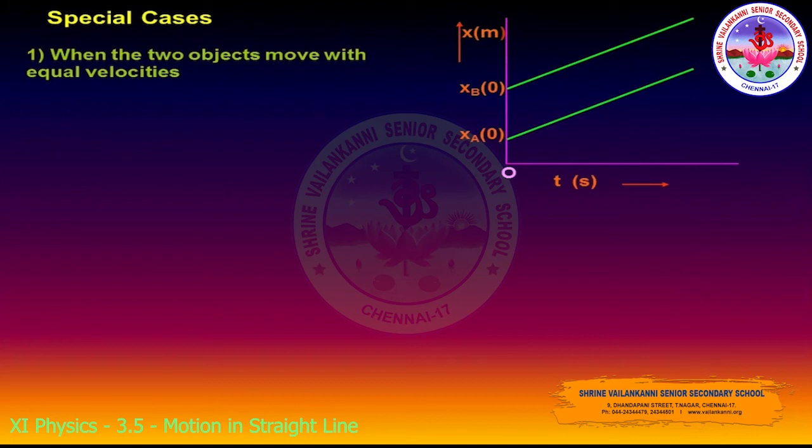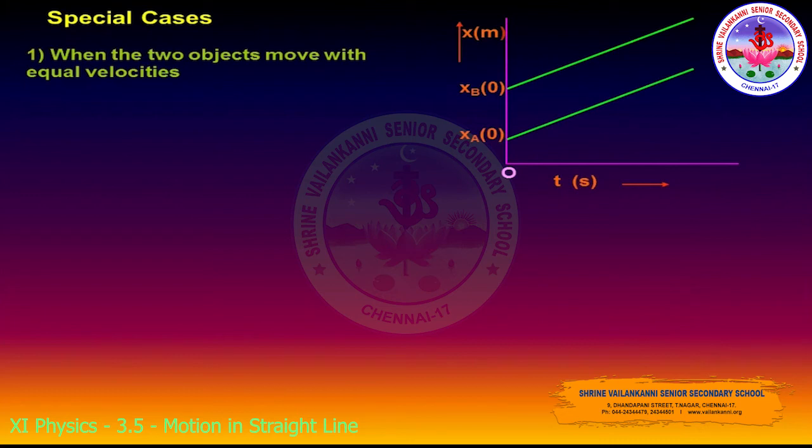Then XB of t minus XA of t is equal to XB of 0 minus XA of 0, so the two objects remain a constant distance apart throughout their motion, as you can see in the diagram.